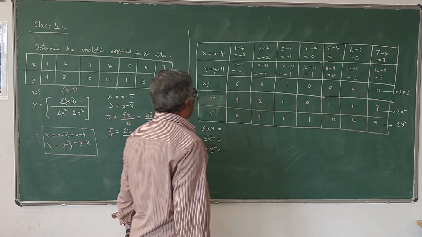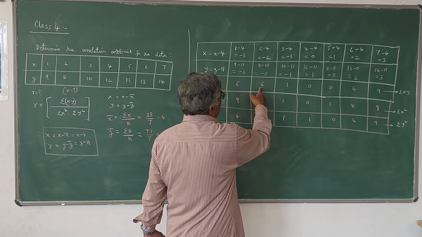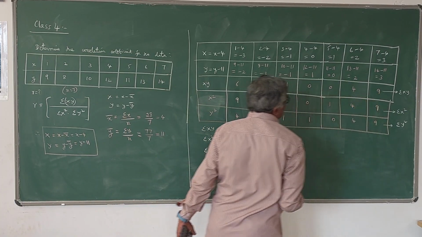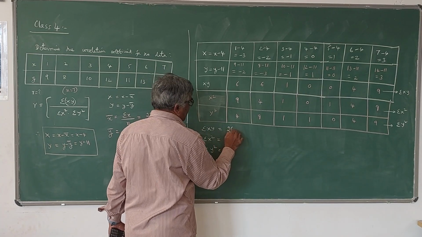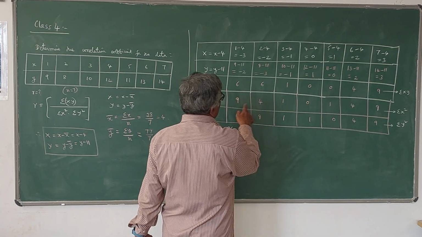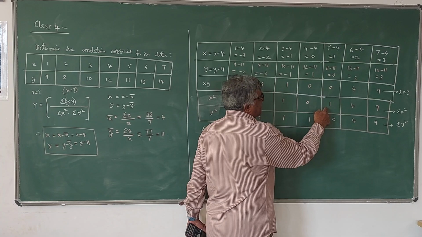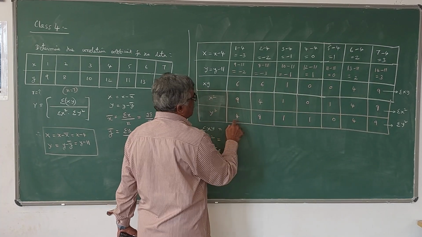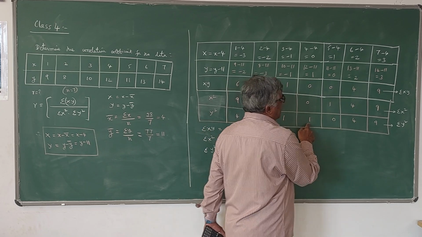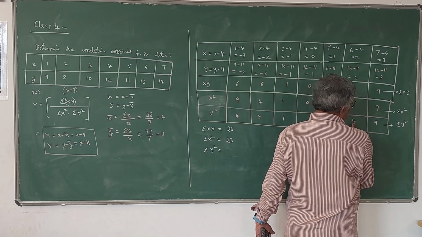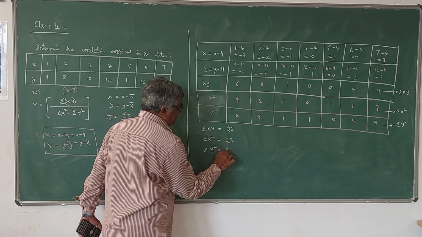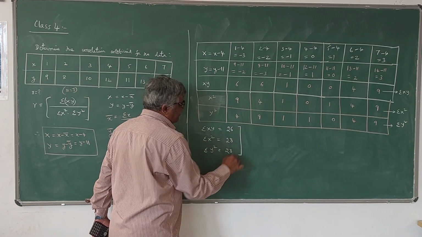If we add horizontally, sigma xy: 6 plus 6 is 12, 13, 13 plus 4 is 17, 17 plus 9 is 26. Sigma x square: 9 plus 4 is 13, 14, 15, 19, 28. Sigma y square: 4, 13, 14, 15, 15 plus 4 is 19, 19 plus 9 is 28. So these are the values.